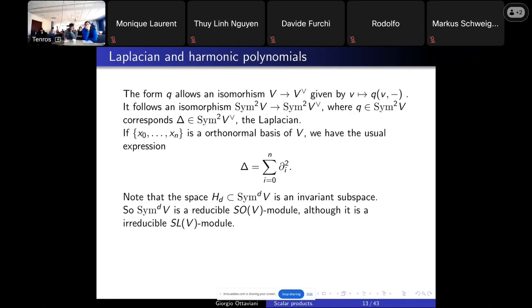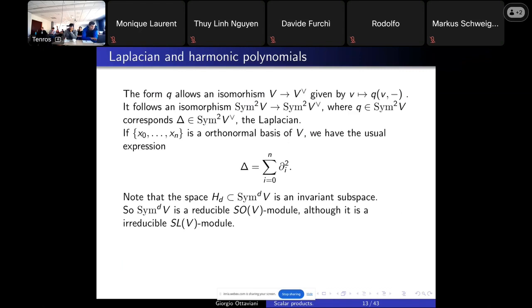Let me write also that. So with this notation, the dimension of the harmonic polynomials is (n+d choose n) minus (n+d-2 choose n). Why 2? Because the differential operator decreases the degree by 2. So this is an invariant subspace, and this makes a difference.